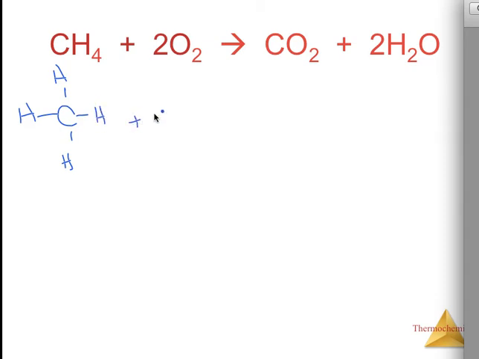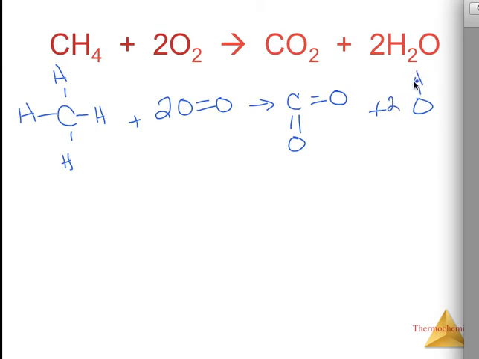I would add to it 2 oxygen atoms, double bonded O. This goes to make CO2, O double bonded to C double bonded to O. Don't ask me why I drew it like that, I ran out of room. And then 2 water molecules.